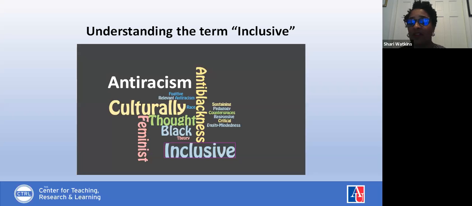So it's really important that we think about how we come to the work and what perspectives and lenses guide our teaching when we're talking about being inclusive and about the ways that anti-racism can be a factor in this.